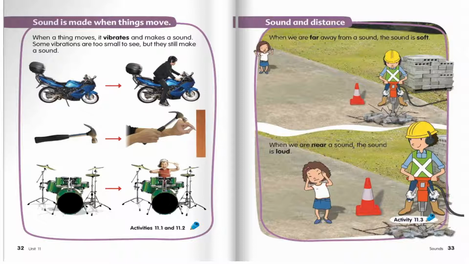And the sound starts to go away when the motorcycle keeps moving and there is more distance between the motorcycle and you. So distance and sound are very, very important. They work together. Right?